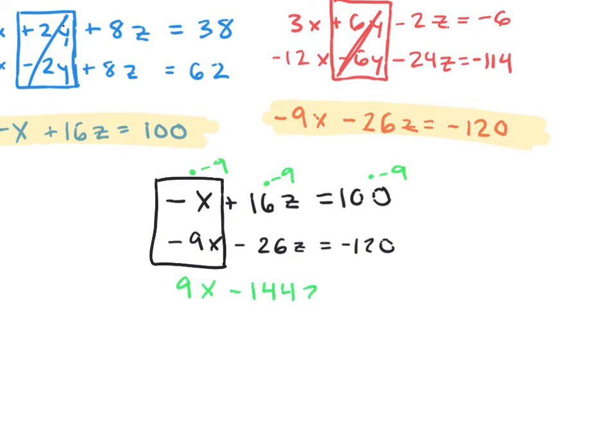So now we're combining these two equations together. Our goal is to cancel out the x's. Do our x's cancel? Yes. So what is negative 26z minus 144z? Negative 170z. And negative 120 minus 900?